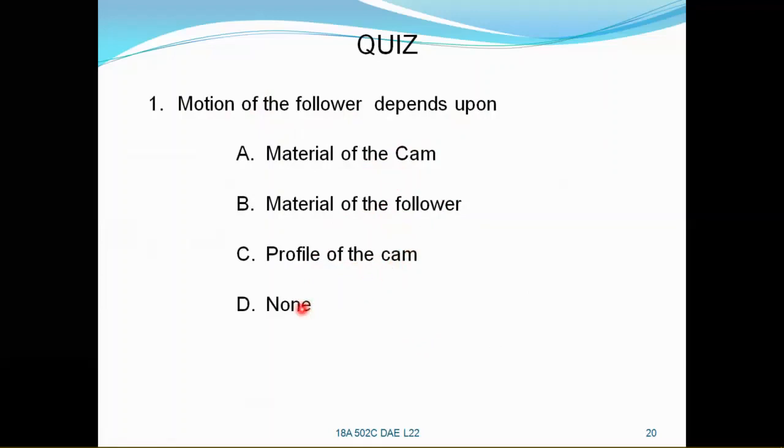If you see, material is not important to have a different desired motion of the follower, and the material of the follower is also not important, but only the profile of the cam will give the desired motion to the follower. That's why C should be the right answer.